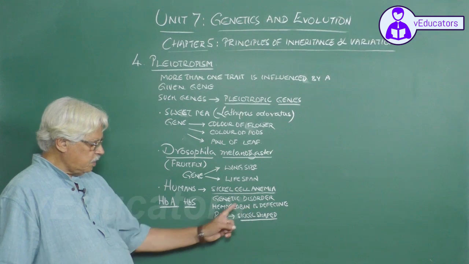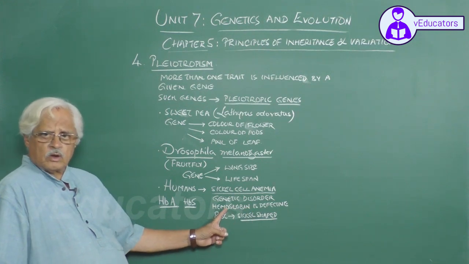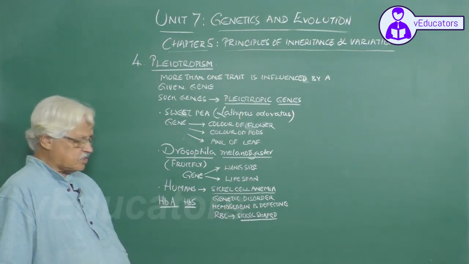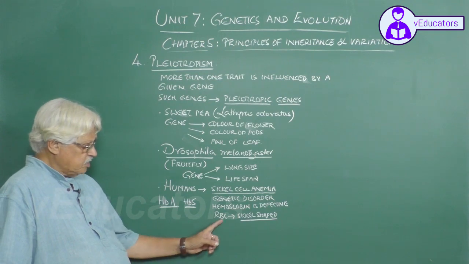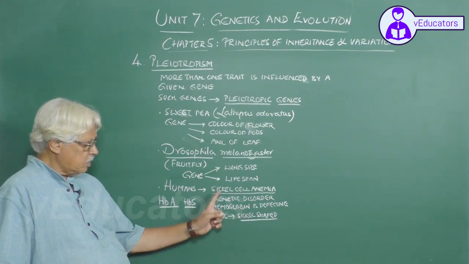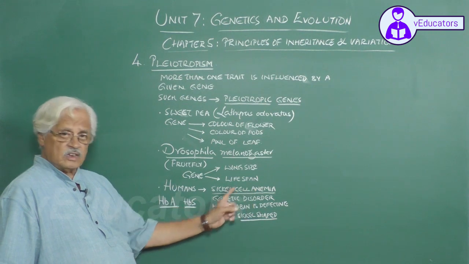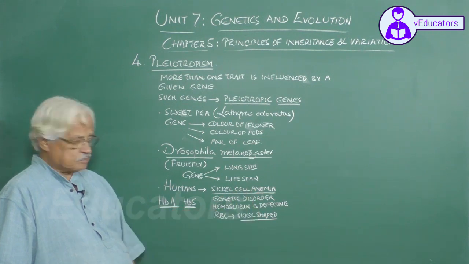So due to defective hemoglobin, oxygen supply to the tissues decreases. The RBC has become sickle shaped, and therefore it is called sickle cell anemia.